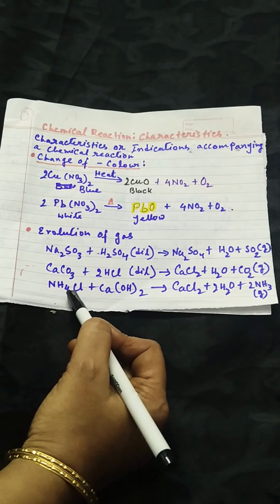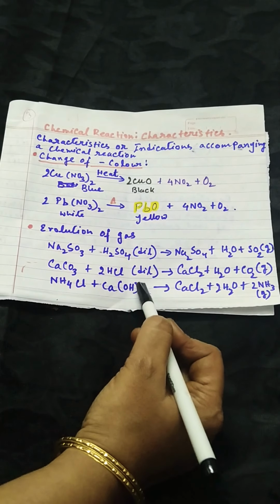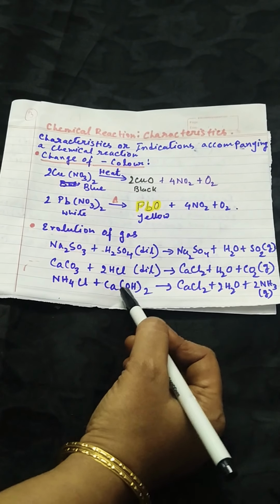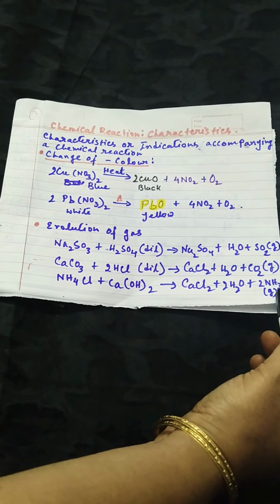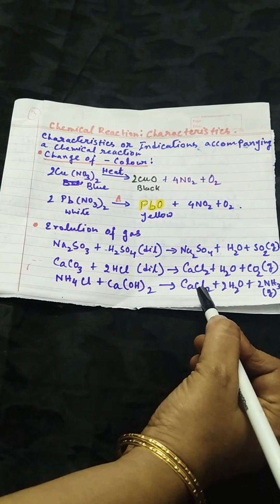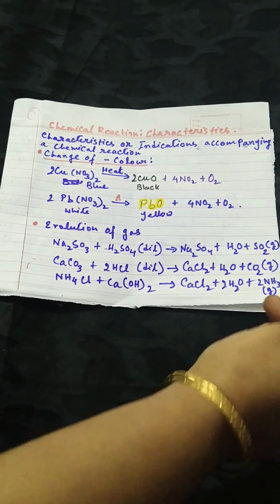Then ammonium chloride reacts with calcium hydroxide. Then also ammonia gas will come out forming bubbles, and we'll get calcium chloride and water along with ammonia.